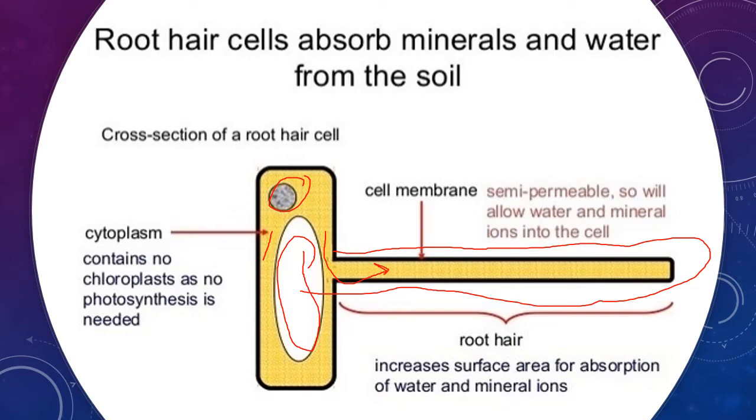Typically, you don't have a vacuole within the root hair. Now, keep in mind that our root cells do not have chloroplasts. There's no sense in them having chloroplasts because they're underground, so they don't perform photosynthesis. They don't see any light. So we know that root cells do not contain chloroplasts.